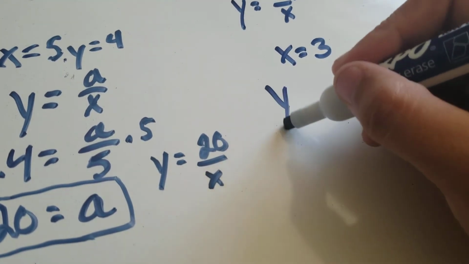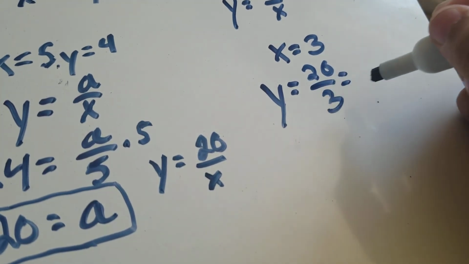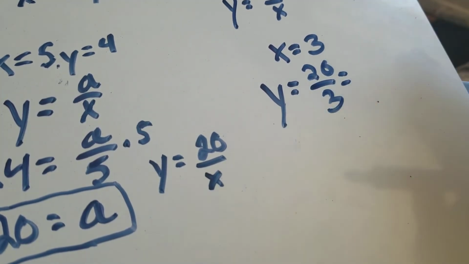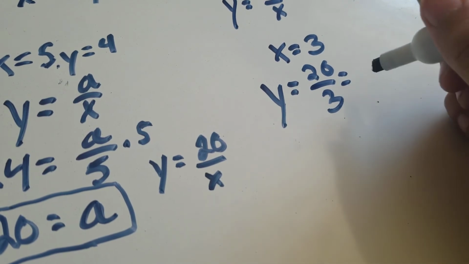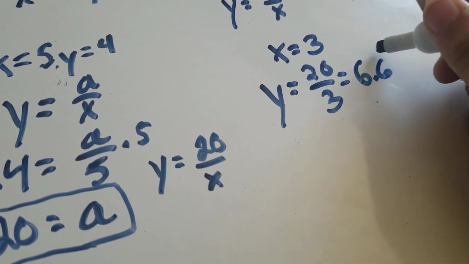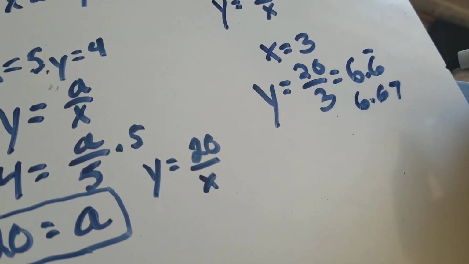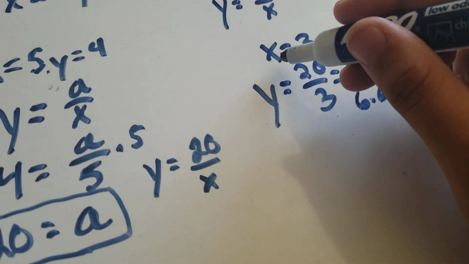So I'm going to do y equals 20 divided by 3. Now 20 divided by 3, for me, you could leave as a fraction. I'm sure the books turned it into a decimal, so I'll just turn it to 6.6 repeating, or 6.67 they might have said. I don't know how the book would have written it. But this right here is your answer.